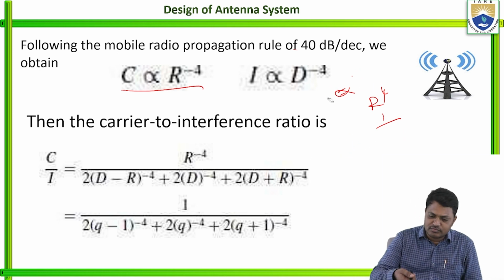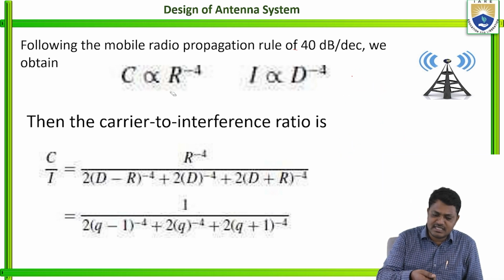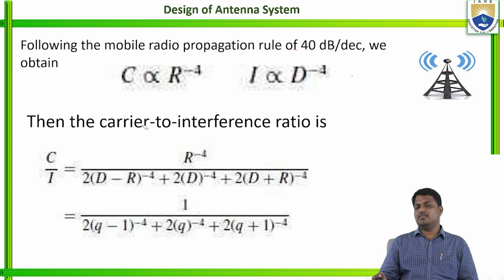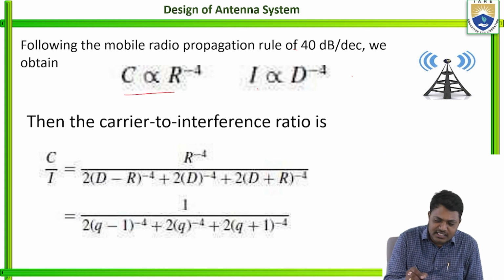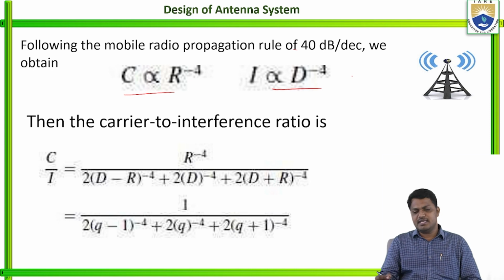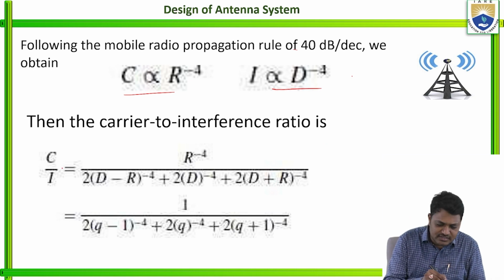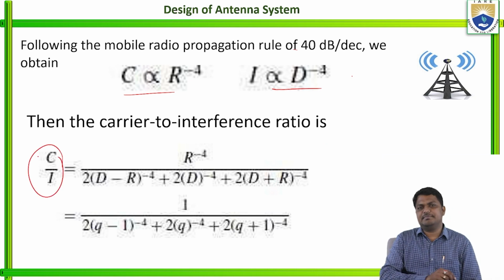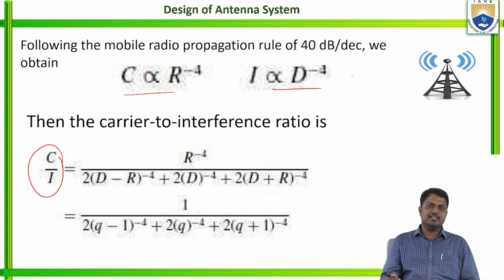So by taking these two parameters, the C value, the received carrier power, and the I value, the interference, we calculate the carrier to interference ratio, given as C by I. Here I is the interference at the co-channels, or the interference in the adjacent cells.